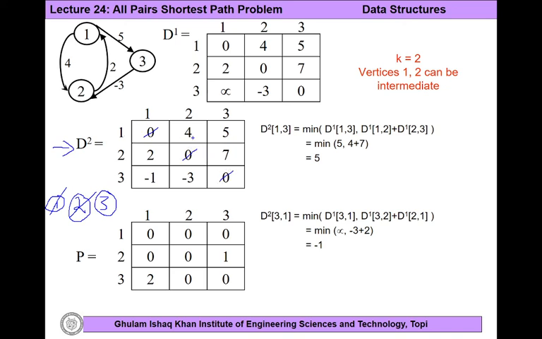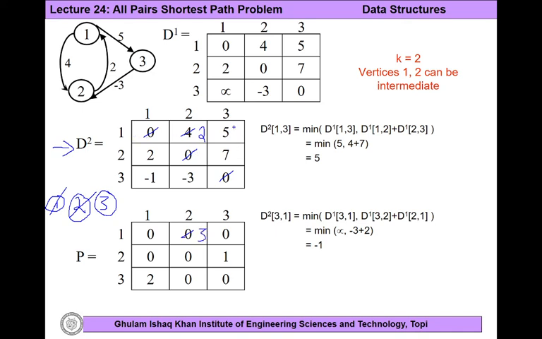Now for this particular cell, between 1 and 2, let's try to go from 1 to 3 first. From 1 to 3 that can happen, and from 3 to 2 we can go as well. So if we see here 5, and this is -3, so 5 plus -3 will be 2. So this is getting decreased by using node number 3 here, right? So this will be updated.